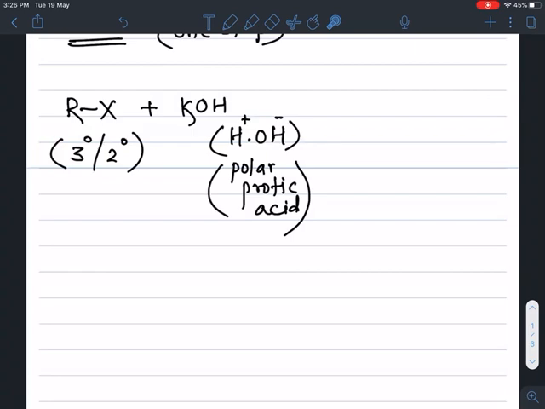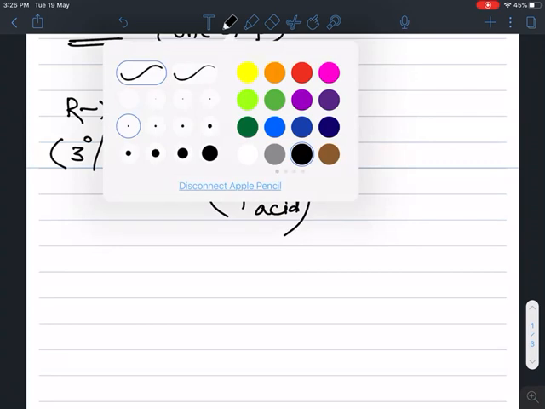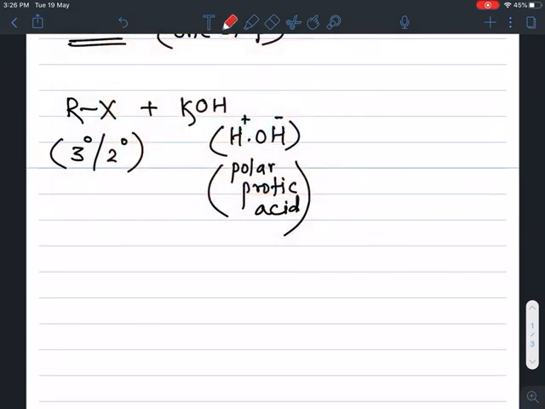If the alkyl halide is tertiary, then only this polar protic solvent, water, plays a role as the reagent. So which is the reagent here and which is the substrate? The alkyl halide is the substrate.